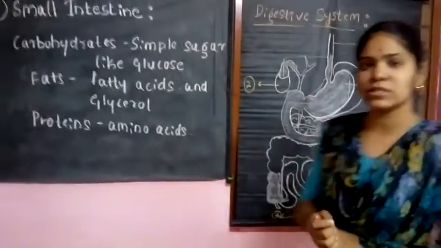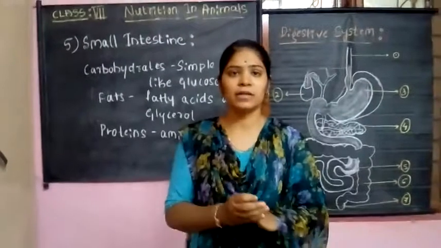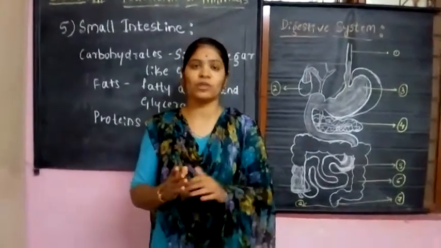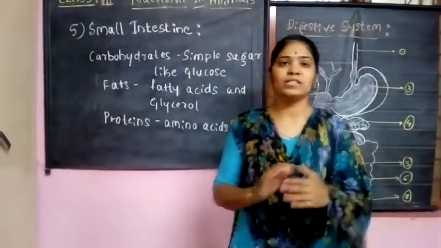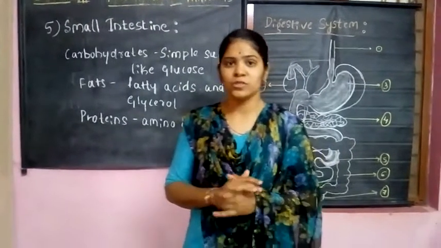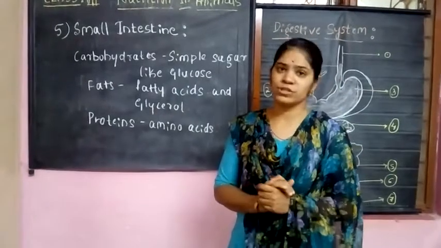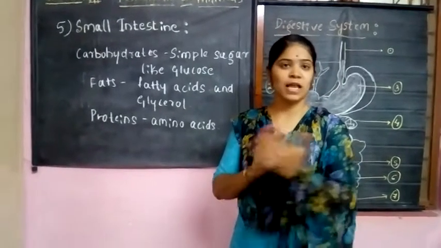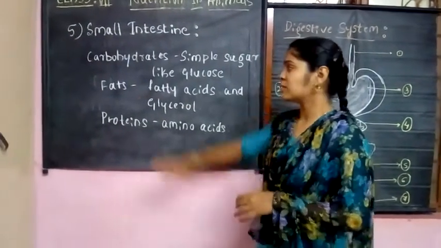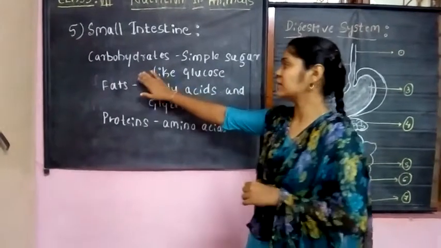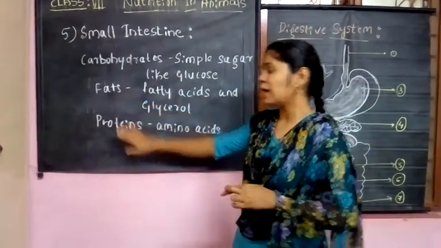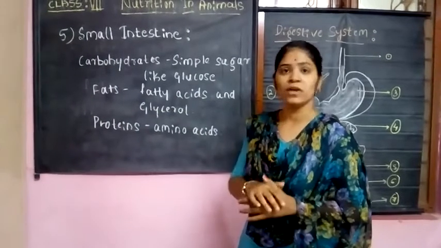So what is this intestinal juice? It is a pale yellow, watery substance which helps in digestion. This intestinal juice breaks down the complex compounds into simpler substances. In the last class I explained that the complex compounds are the carbohydrates, fats and proteins present in our food material.